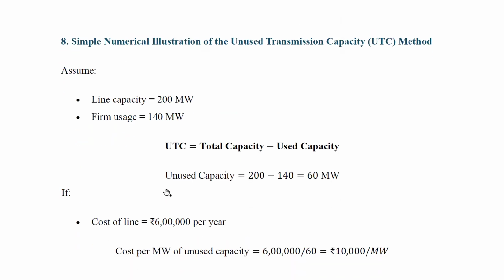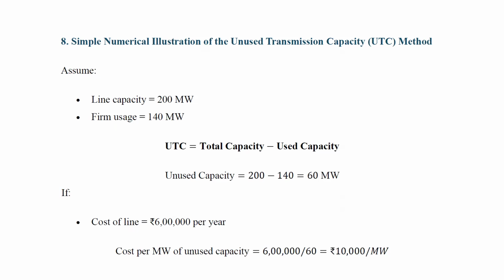Now, based on that, we are going to solve a simple problem on this UTC method, the unused transmission capacity method, so that you can easily understand. First of all, line capacity we are taking as 200 megawatt. Next, firm usage we are taking as 140 megawatt.